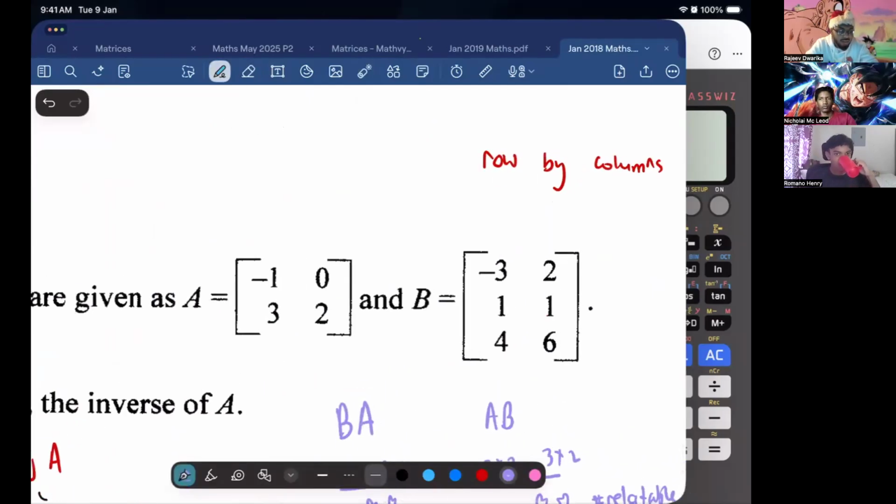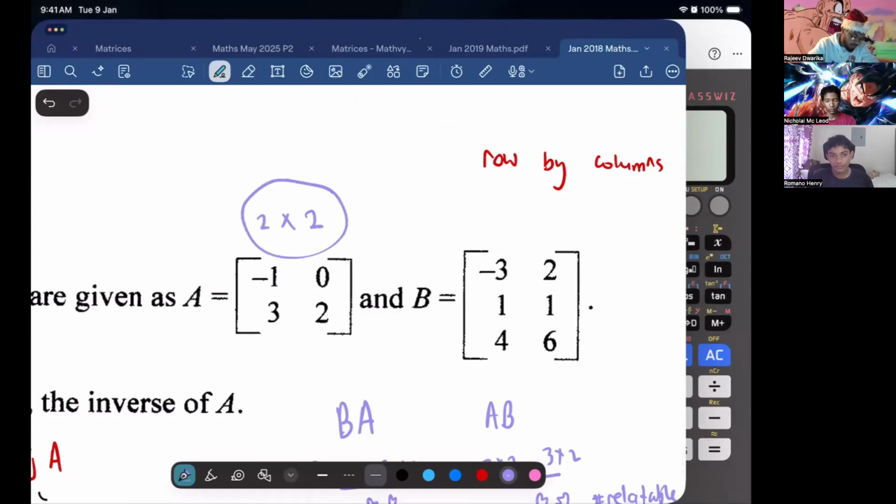How many rows and columns does matrix A have? How many rows? 2. So 2 rows. How many columns? 2. So this is a 2 by 2 matrix.